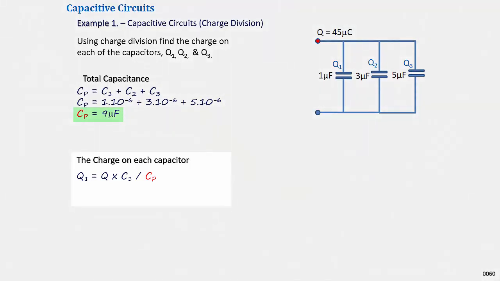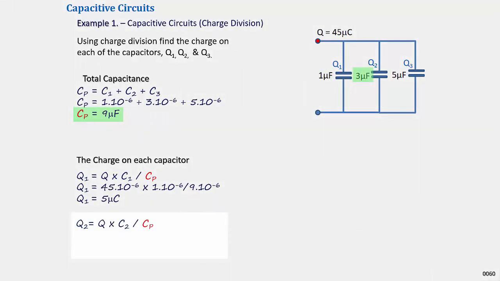So Q1 equals Q times C1 divided by Cp. Substituting the values, Q1 equals 45 times 10 to the power minus 6 times 1 times 10 to the power minus 6 divided by 9 times 10 to the power minus 6, which equals 5 microcoulomb.